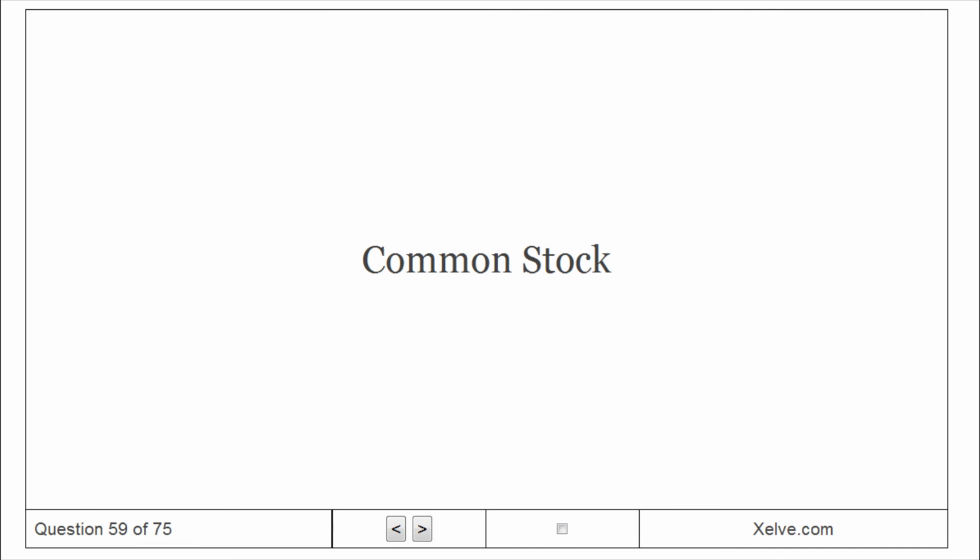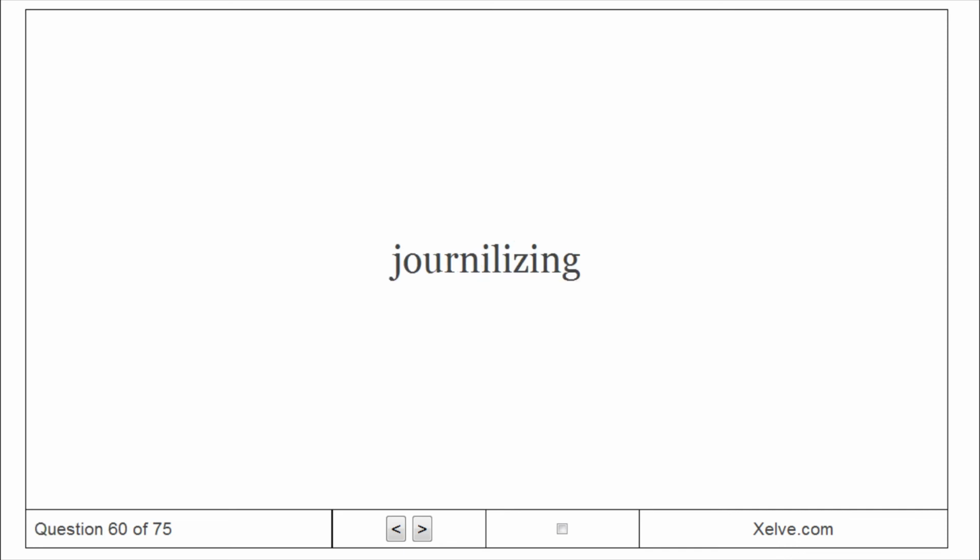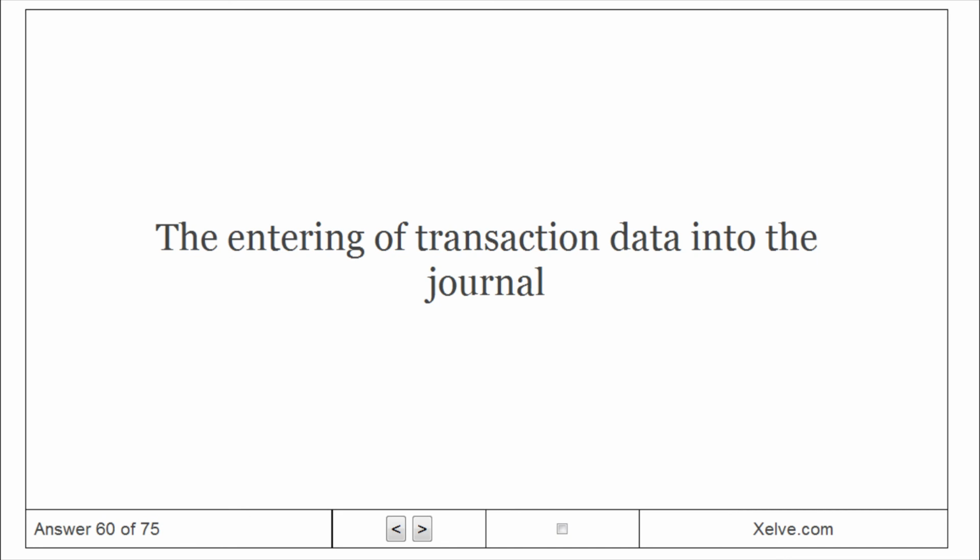Common stock: issued in exchange for the owner's investment paid into the corporation. Journalizing: the entering of transaction data into the journal.